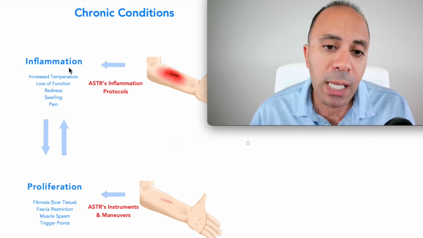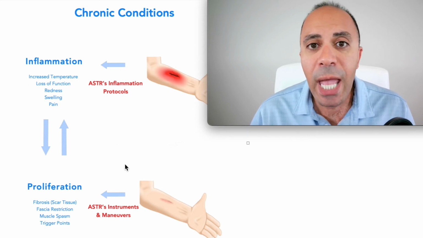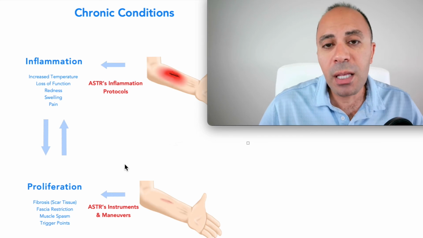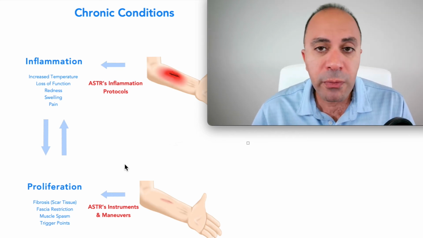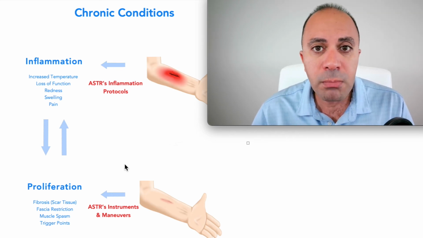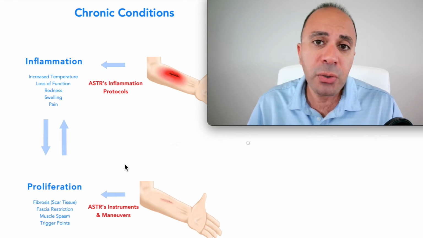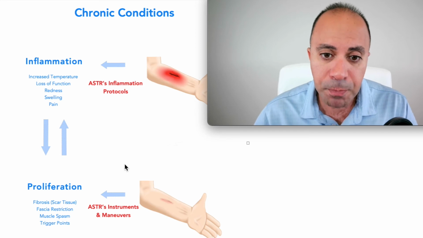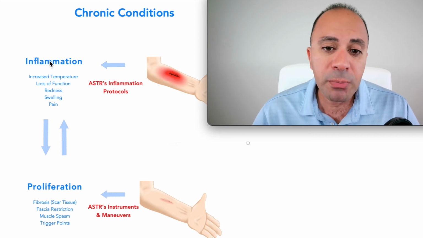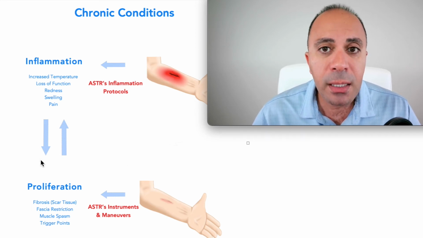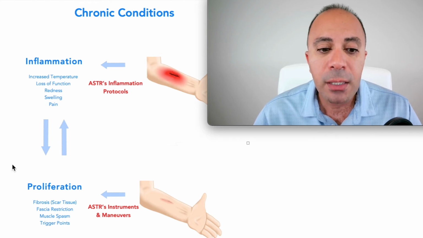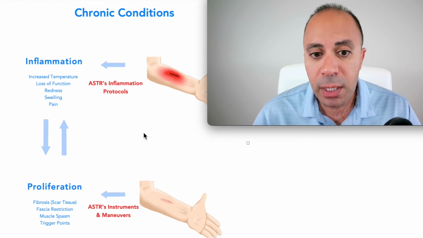We have to break that vicious cycle first, in the inflammation and proliferation stage, and then introduce strengthening. I prefer to use functional training, which is more effective than strengthening exercises, but we have to introduce it at the right time. First, we need to break that vicious cycle and then introduce strengthening or function training exercises.